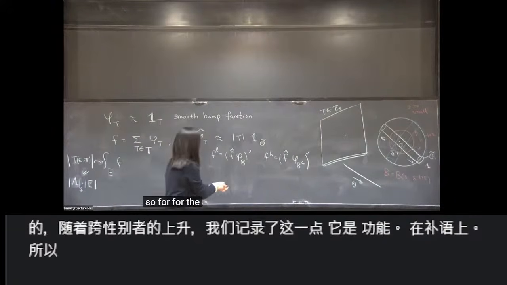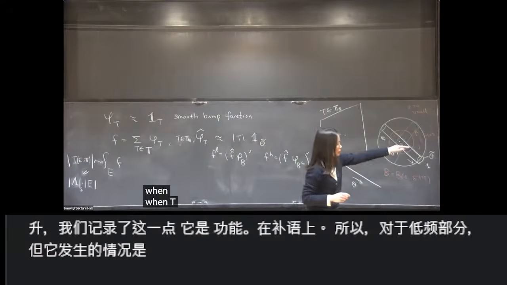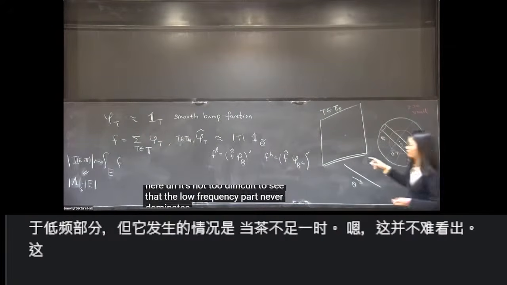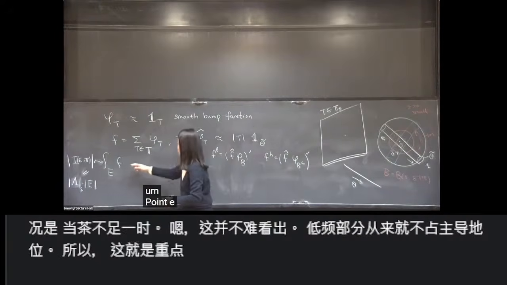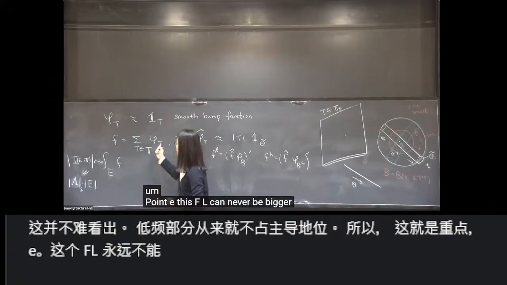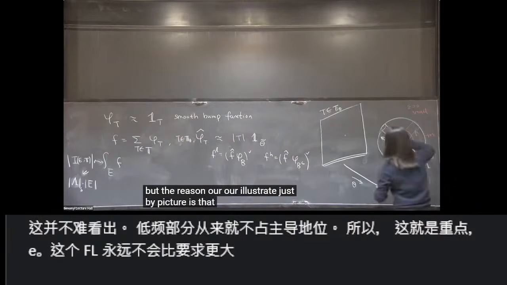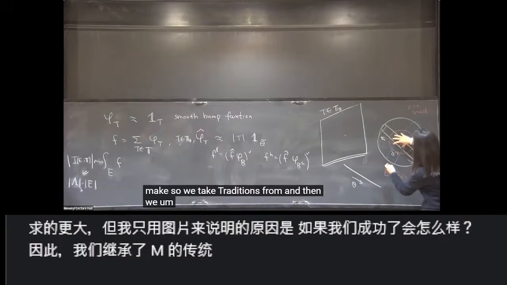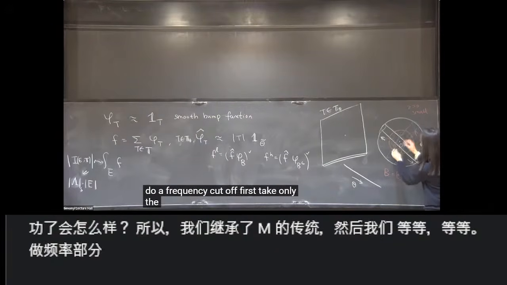For the low frequency part, when t is less than 1 here, it's not too difficult to see that the low frequency part never dominates. So at the point E, this F_L can never be bigger than F. I will illustrate just by picture: we take a Fourier transform and do a frequency cutoff, taking only the smaller frequency part.